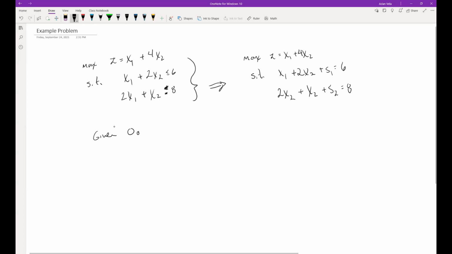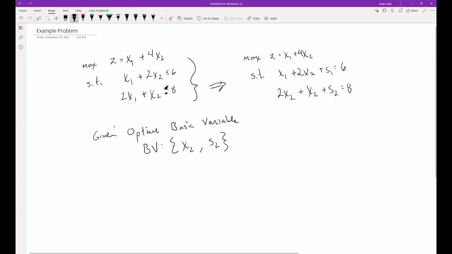So let's say I gave you the optimal basis, and we'll say the basic variables are x2 and s2.